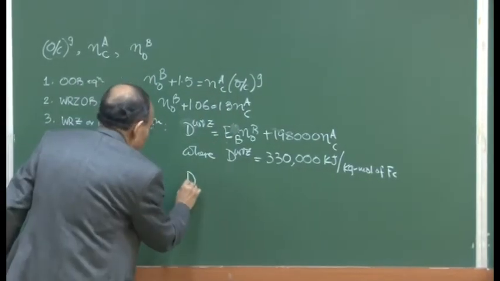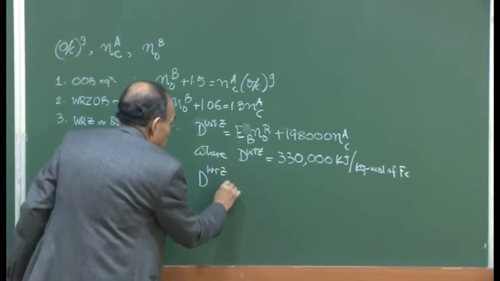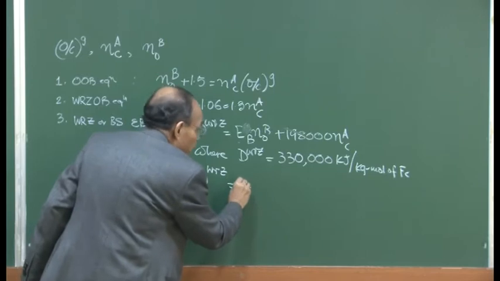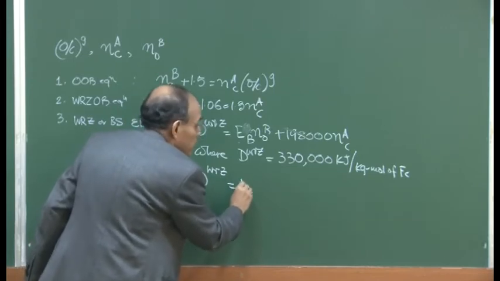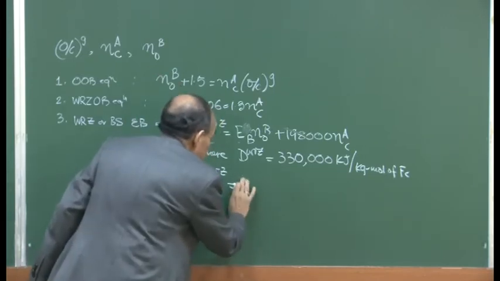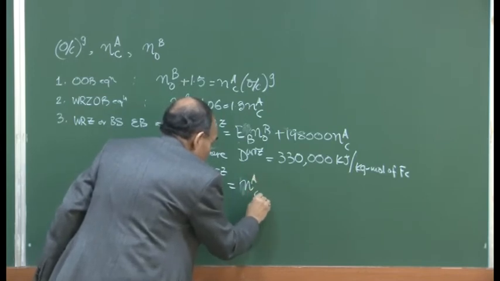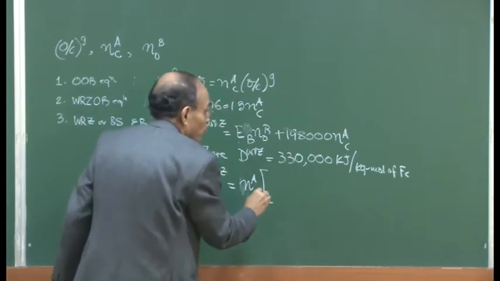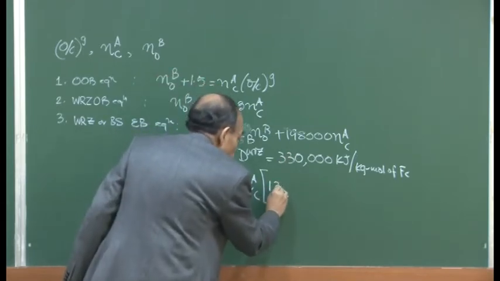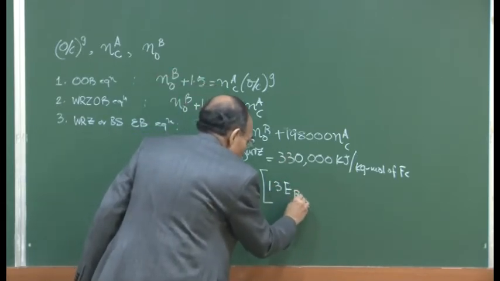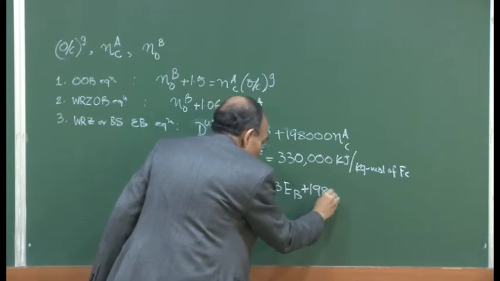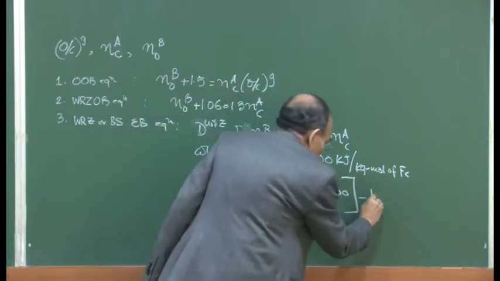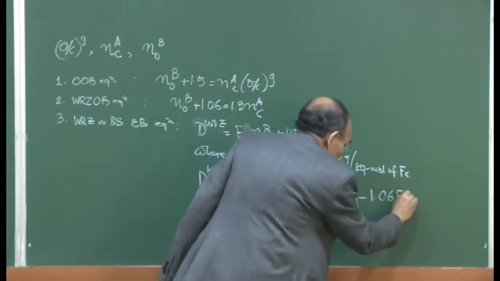and this is going to be, as I have indicated, EB 1.3. So, therefore, I can take the NaC common, and then I can write it as 1.3 EB plus 198,000 and then minus 1.06 again EB.